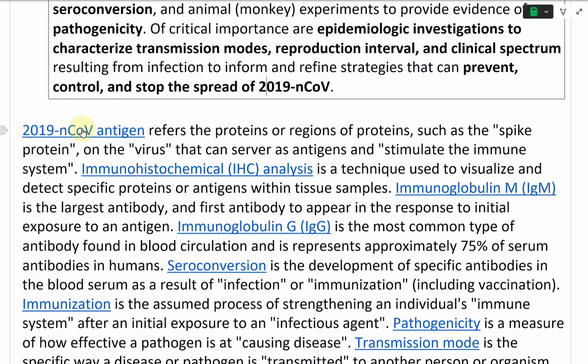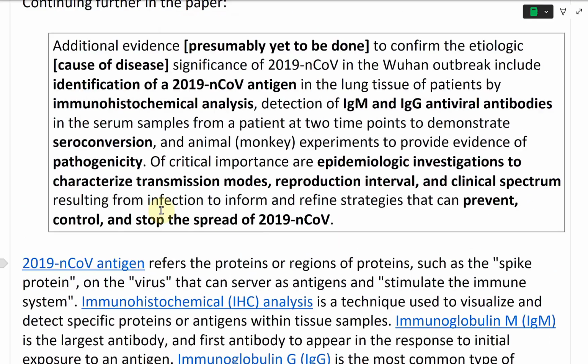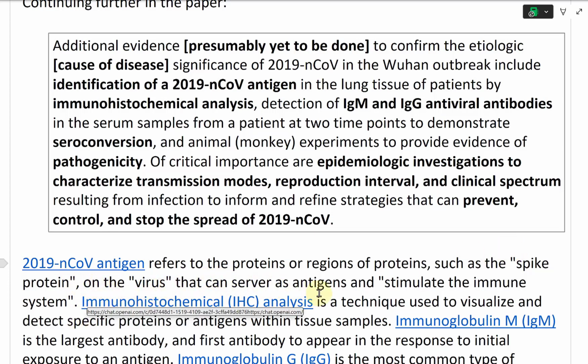saga. Going further, this 2019-nCoV antigen, the identification of that refers to the proteins or regions of proteins, such as, quote, the spike protein on the, quote, virus, that can serve as antigens and, quote, stimulate the immune system.